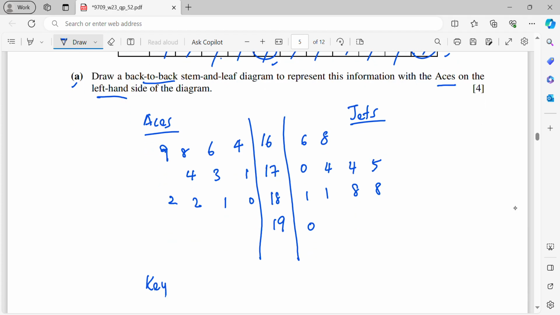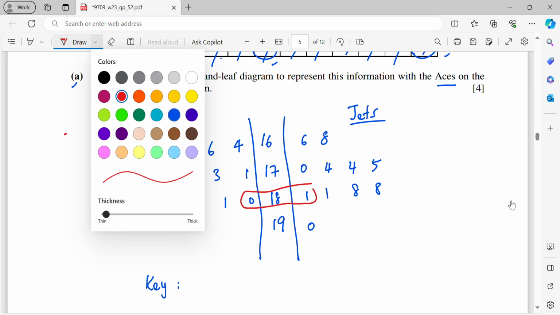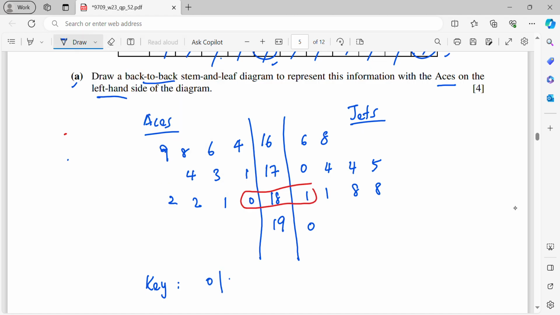Do not forget about the key. So let's say I take this value. You can take any values. So it will be 0 | 18 | 1. So this means 180 centimeters for an Aces player.